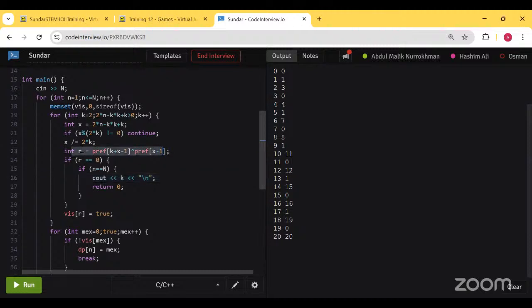So the complexity is decreased. And how about this? We will do memset n times. Then the complexity becomes n squared. Is it correct? Do you know how to?